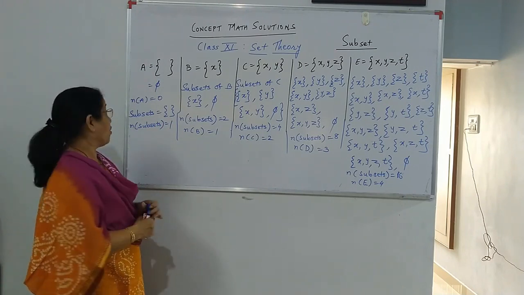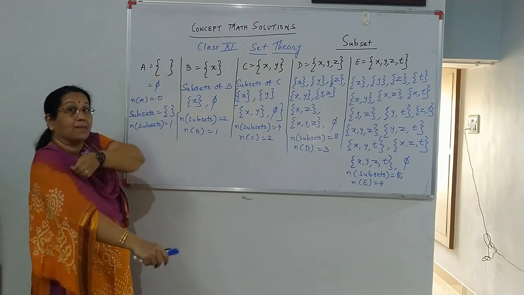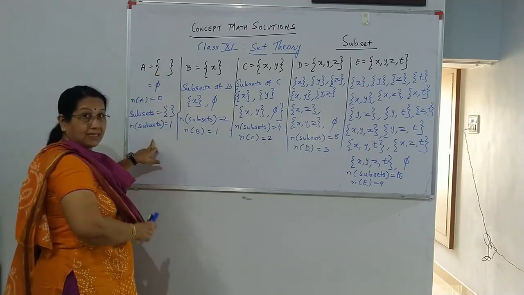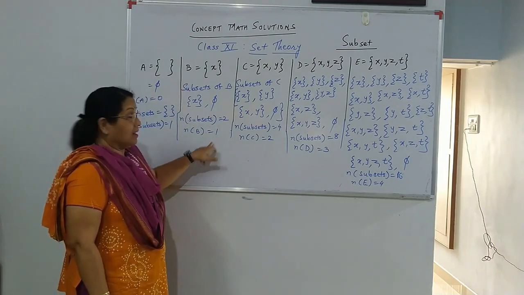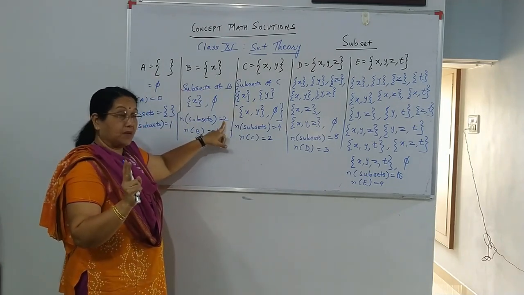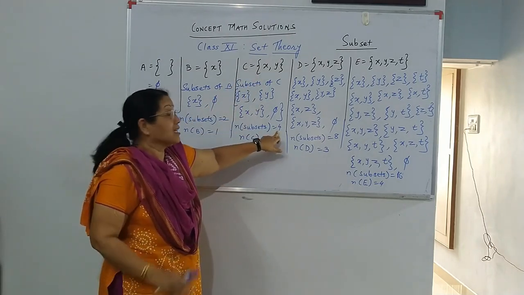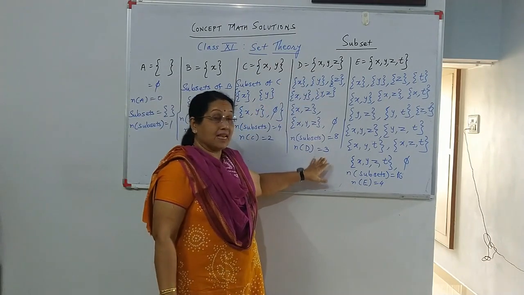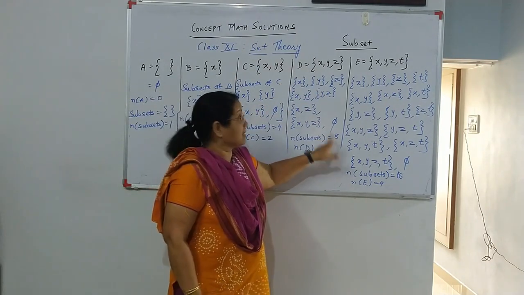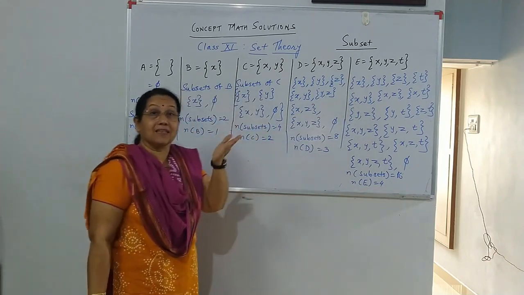Now, I want you all to observe one thing. When a set has 0 elements, it has one subset. When a set has 1 element, it has 2 subsets. Observe the pattern. When the set has 2 elements, it has 4 subsets. When the set has 3 elements, it has 8 subsets. When the set has 4 elements, it has 16 subsets.